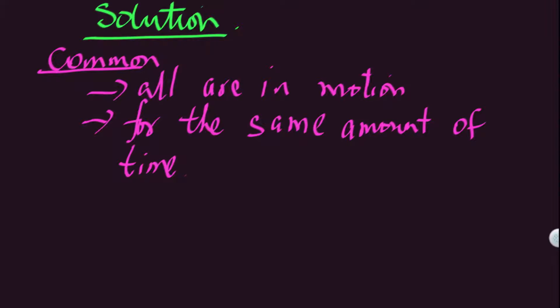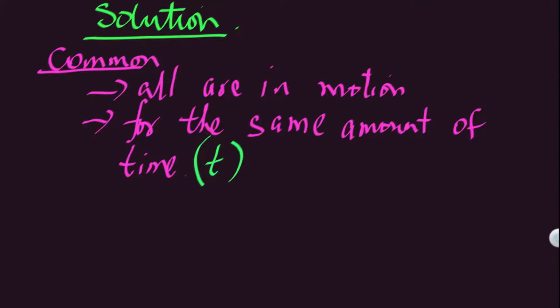Let's call the time that the three are going to be in motion t, small letter t. So Sipho is going to be moving for t seconds or t hours, whatever it is. Sihle is also going to be moving for t hours.